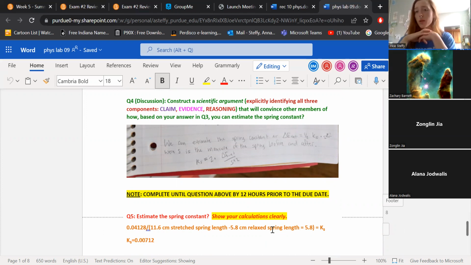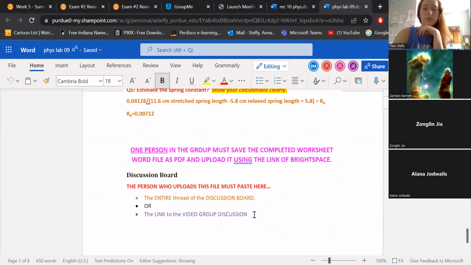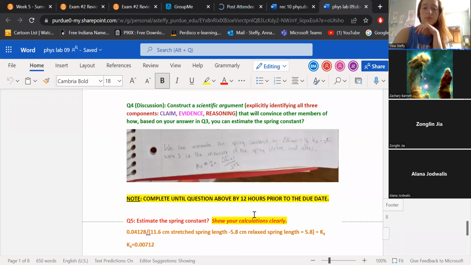I think I used basically the same reasoning that I used in the last lab, about how the change in internal energy could be equal to 1/2 the spring constant times the change in the length of the spring, which as long as we could measure that, we could just solve for it. Did anyone else get anything different? Yeah, that seemed pretty straightforward to me. I did the exact same thing.